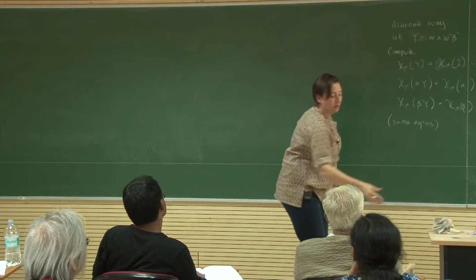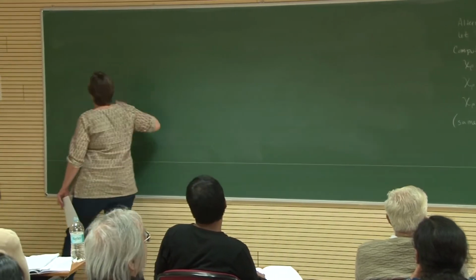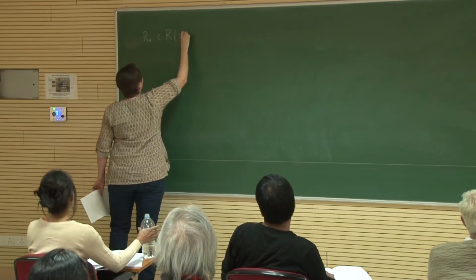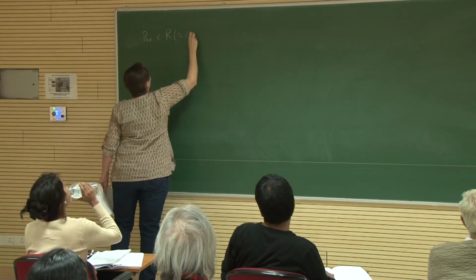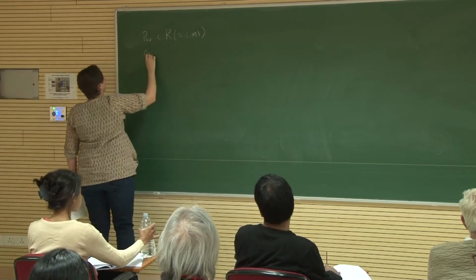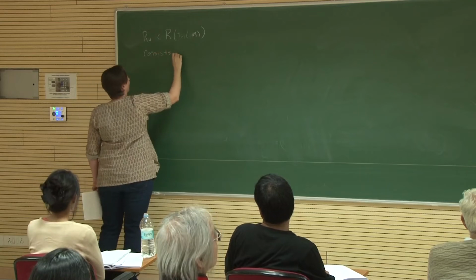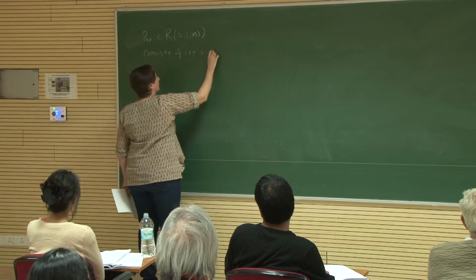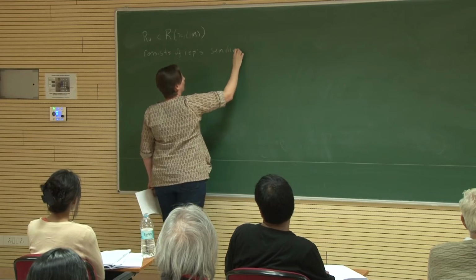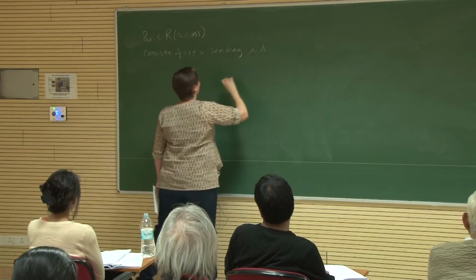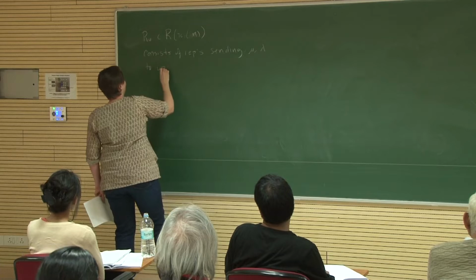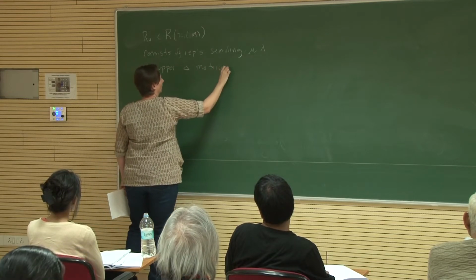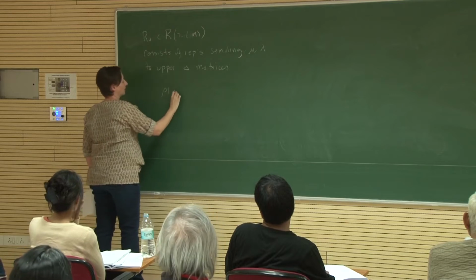So R_U consists of representations sending mu and lambda to upper triangular matrices. Okay, so it might look like this.